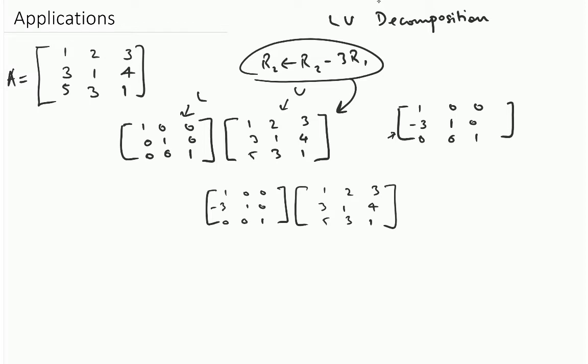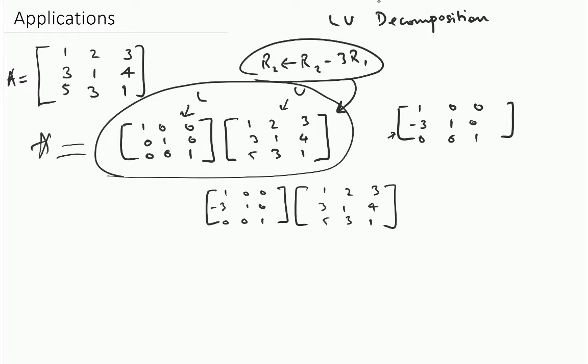What I want to capture is I want to modify these matrices so that the product of these two matrices continues to remain A. So how can I do that? I basically take the inverse of this elementary operation and pre-multiply the product of these two matrices with the inverse of this matrix. For these elementary matrices it's quite simple: it's just the identity matrix with the sign of the corresponding entry changed to negative.